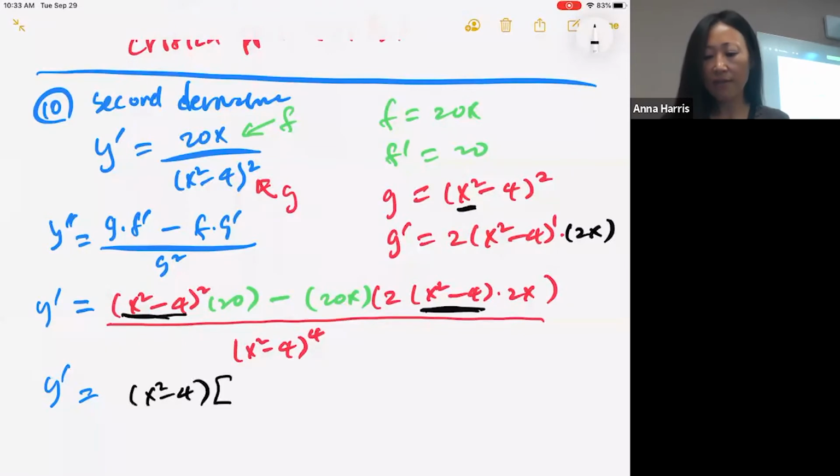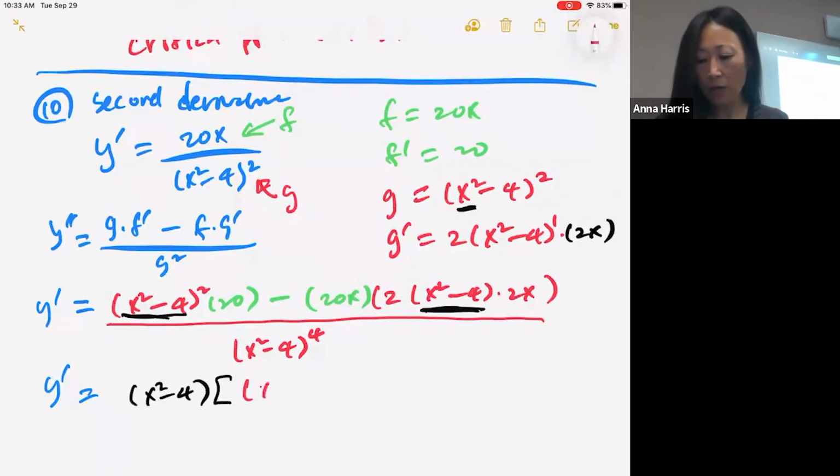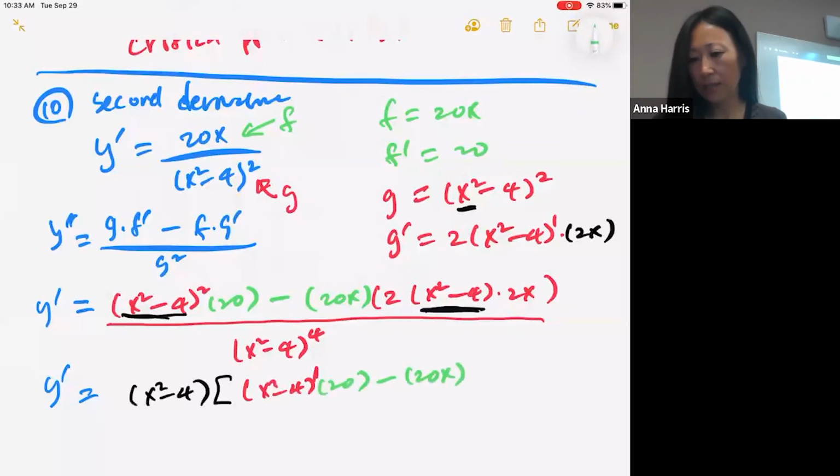Everything else I will leave inside. So now this becomes 1 power, and I still have 20 minus 20x times 2x, because I'm taking out one of them.